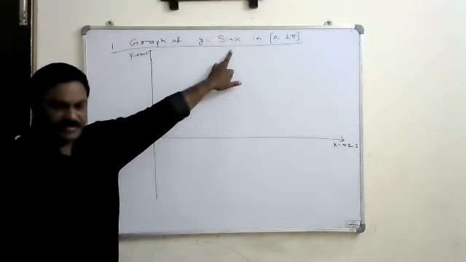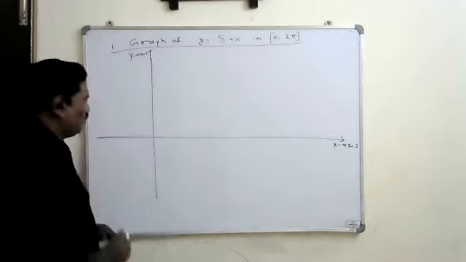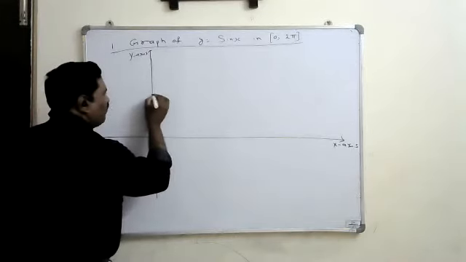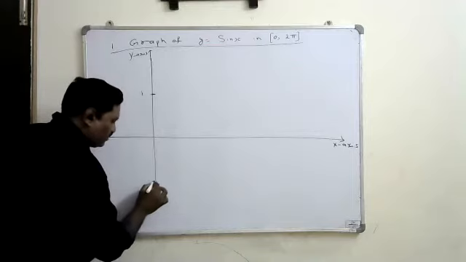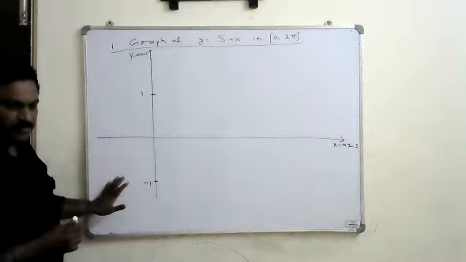What is the range of sin x? Minus 1 to 1. Sin will give the maximum value 1 and the minimum value -1. So y maximum value is 1 and minimum value is -1.